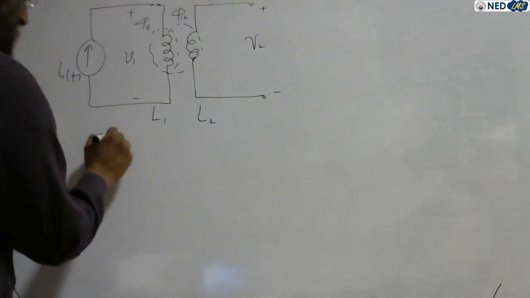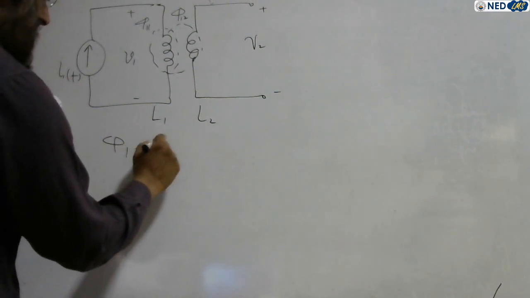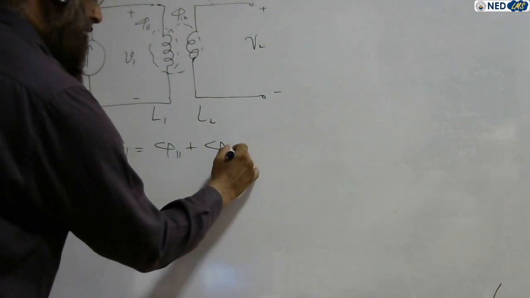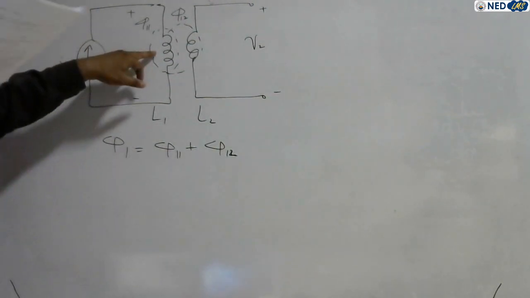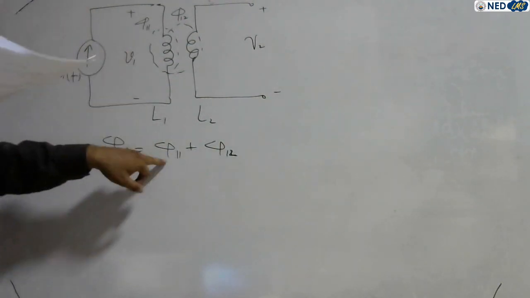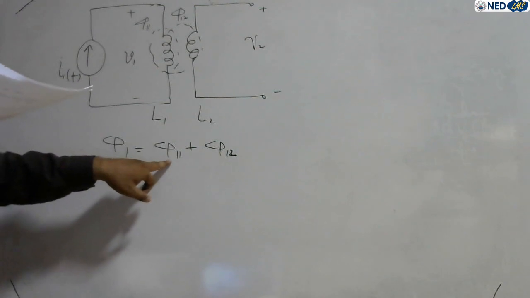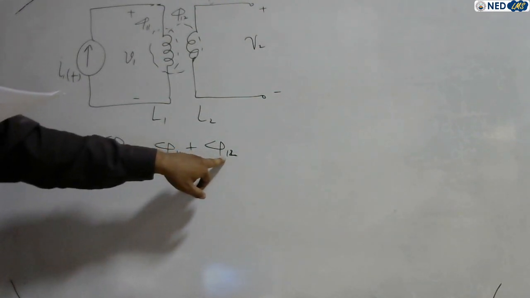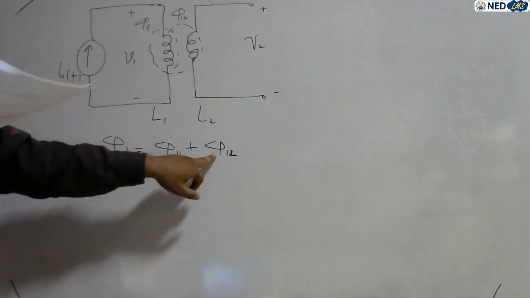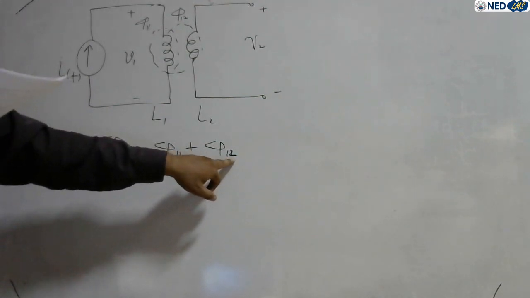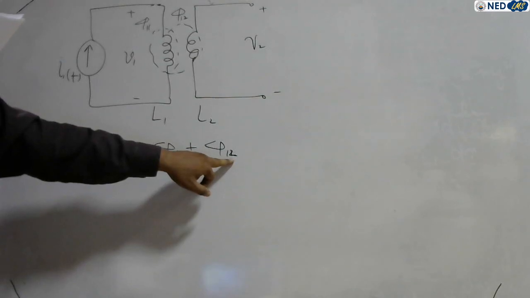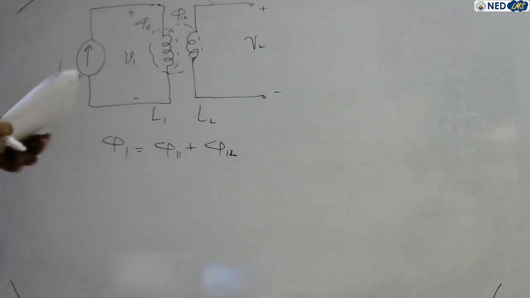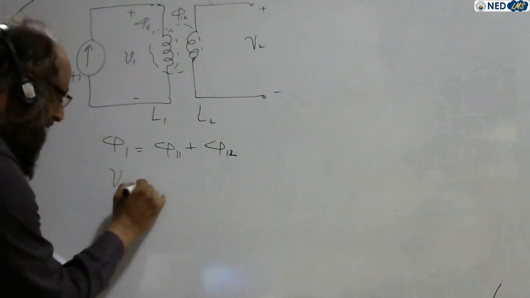So what is the total flux? Self plus mutual, because this coil sets up two fluxes. One is self, phi 1 1, due to change in current in the first coil, self induced, and the other, phi 1 2, due to the change of flux in the primary coil, induces voltage in the secondary coil. The addition of both becomes the total flux. So what is V1?